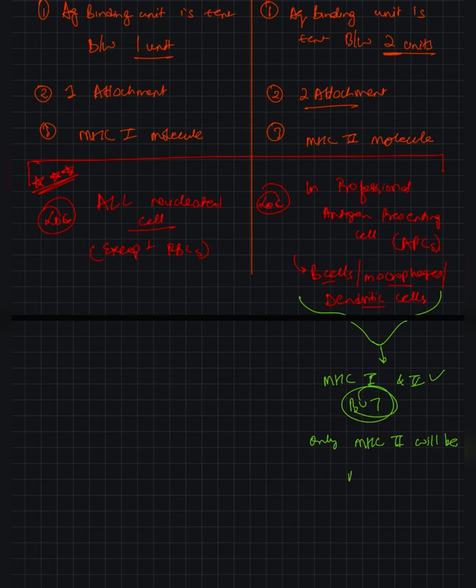Only MHC2 will be active. So all nucleated cells will have MHC1, and B cells, macrophages and dendritic cells, which are the antigen presenting cells, will have both 1 and 2, but only 2 will be active.